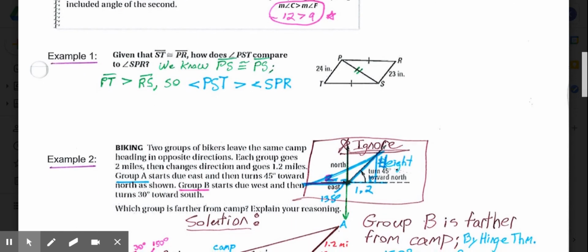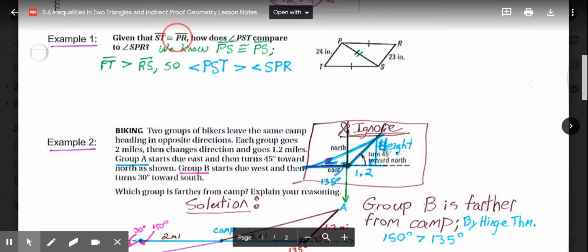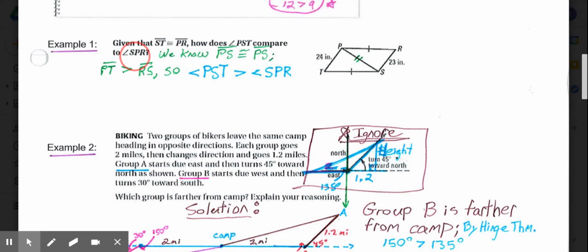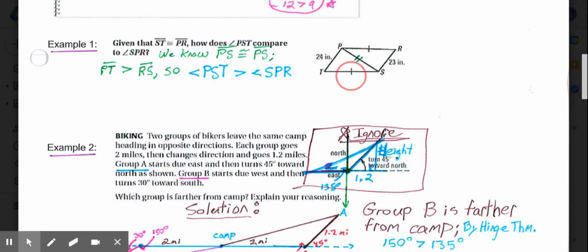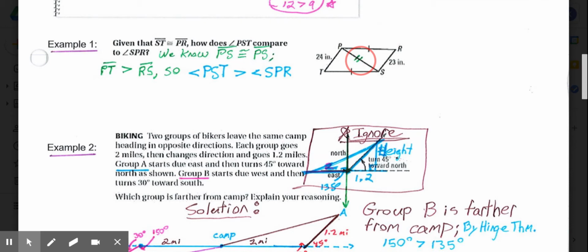Looking at a couple examples, example 1 and 2. In example 1, it says, given side ST is congruent to side PR, how does angle PST compare to angle SPR? ST is congruent to PR. In our diagram, the two triangles share side PS, so PS is congruent to itself.